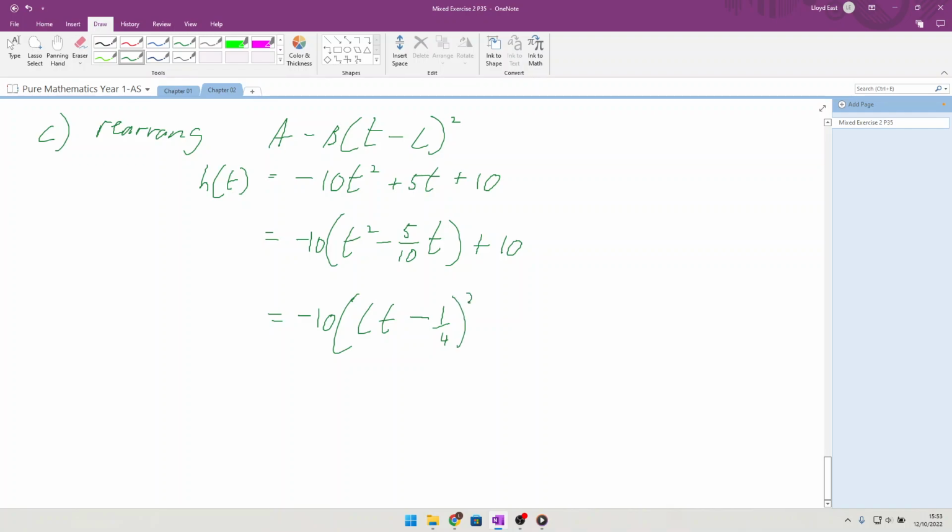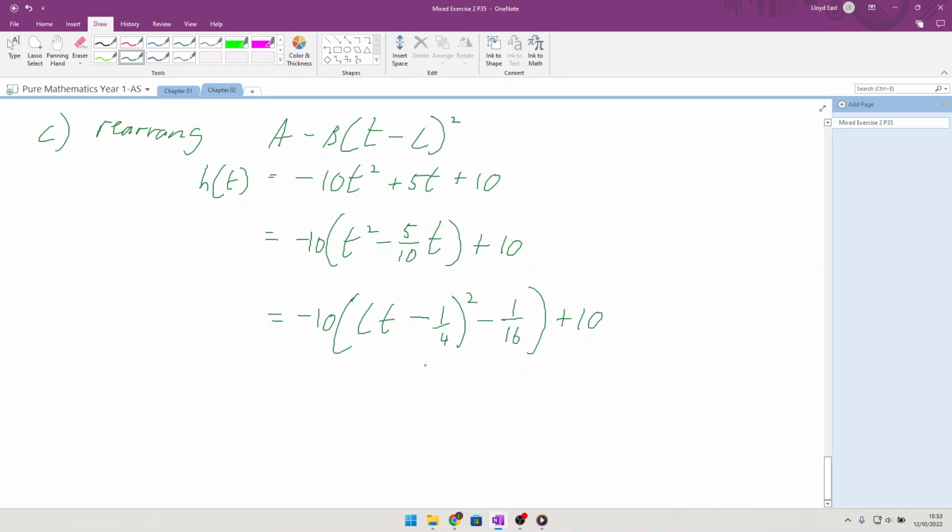squared, and that means that we're going to have a positive 16th that we need to contend with, so we're going to have to take away a 16th plus 10.